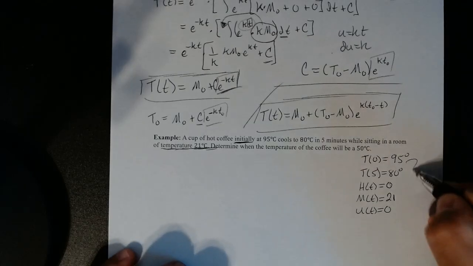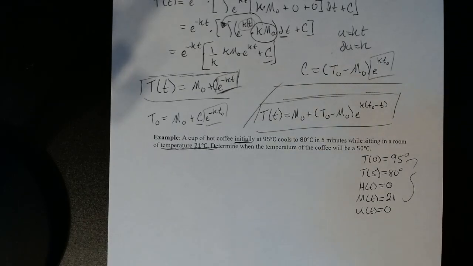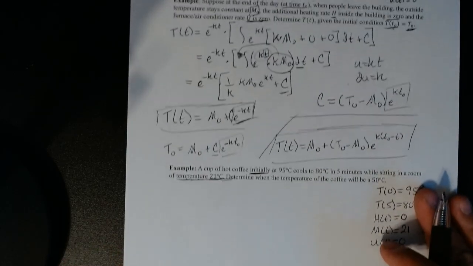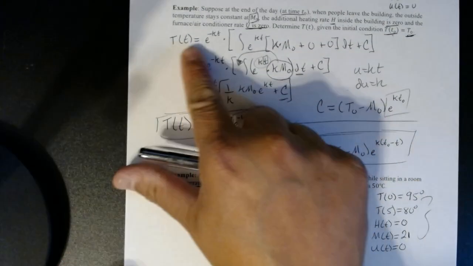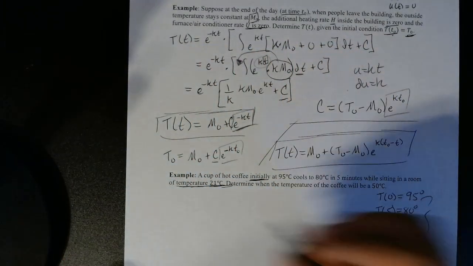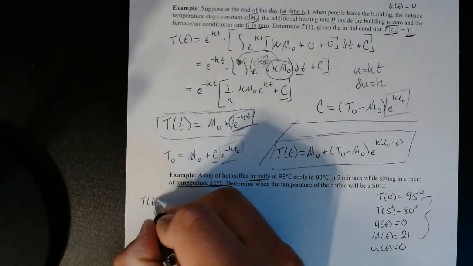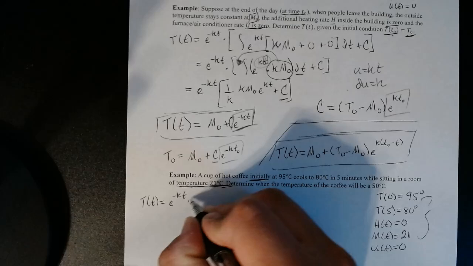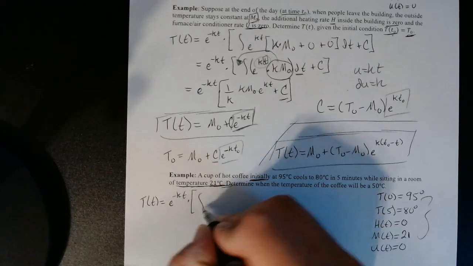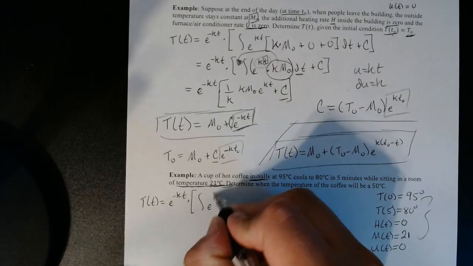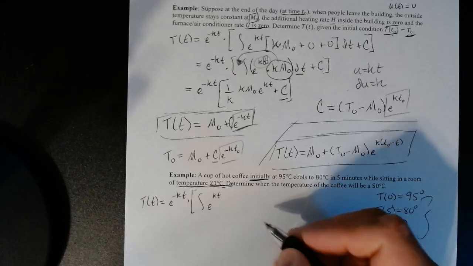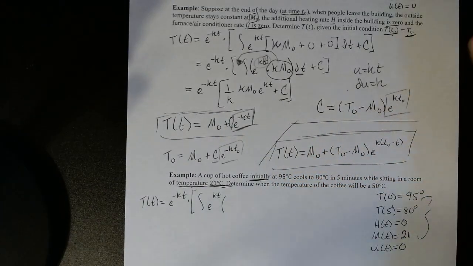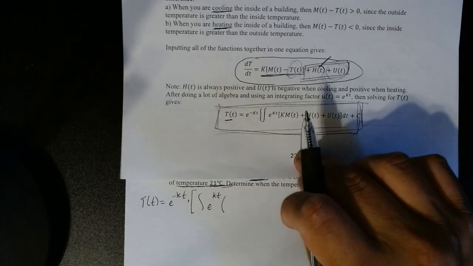So there is what we have so far. Okay. So now again, all we're going to do is plug it into our equation, which is pretty much right here. So I'll put it right here.